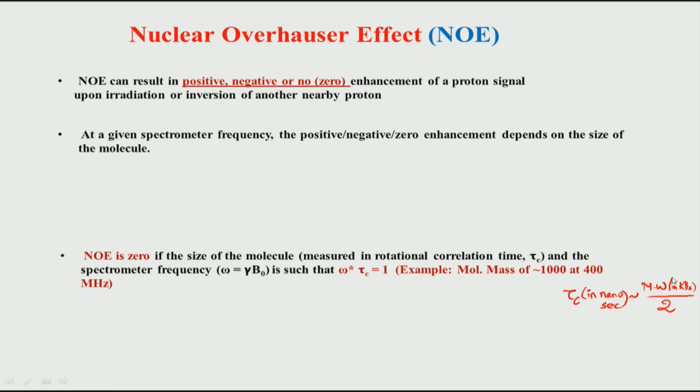We have not changed the molecular mass; what we have changed is the apparent molecular mass, because the molecule is now tumbling slowly, behaving as if it is a bigger molecule.